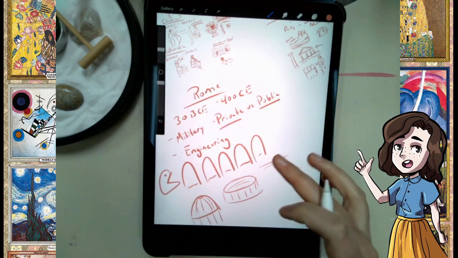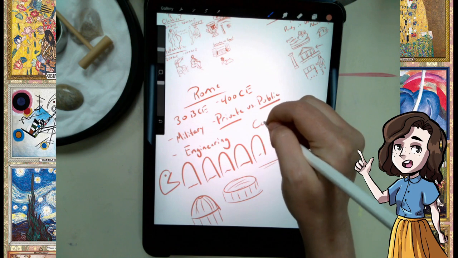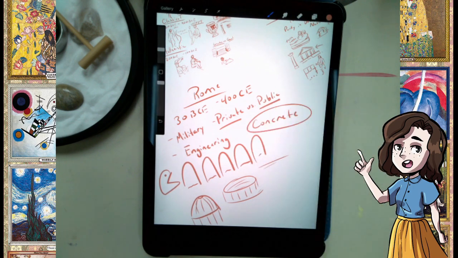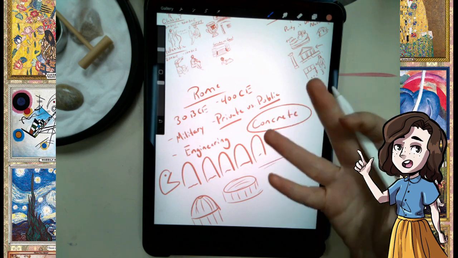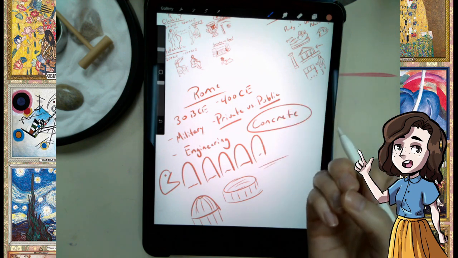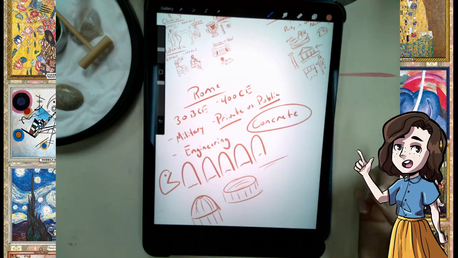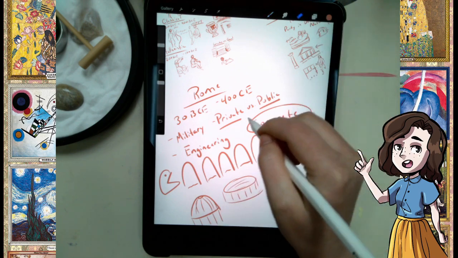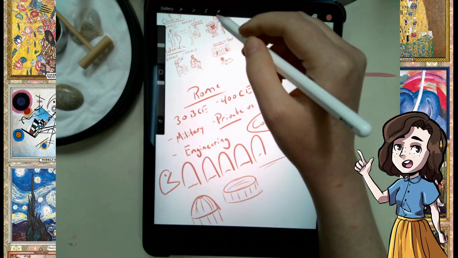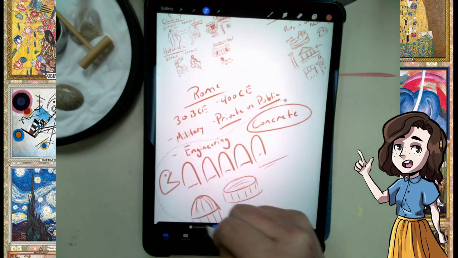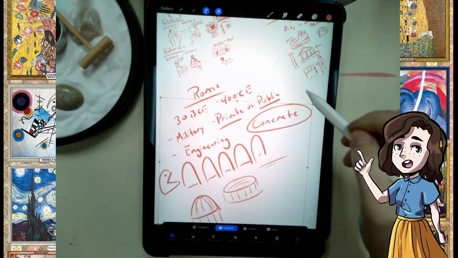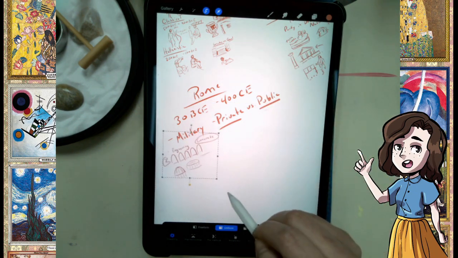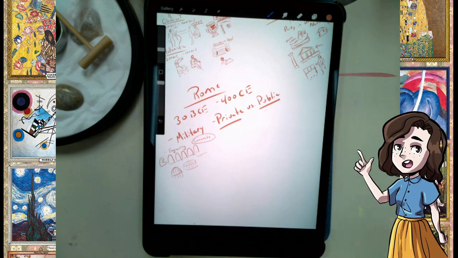All of this is happening because they invent concrete, and concrete is a quick way of building strong buildings. We still use it today, although the recipe is a lot different. They do have a much more porous concrete. Let's shrink those down. We're seeing all of these ideas get pushed into Rome.